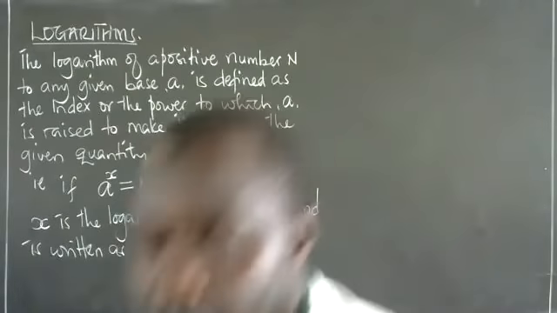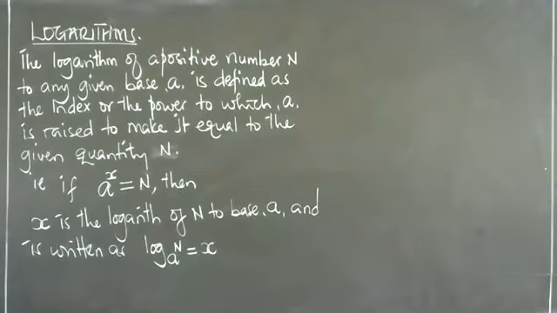It's important that we understand that definition. So what we call the logarithm of a positive number n to any given base a is defined as the index or the power which a is raised to make it equal to the given quantity. For example, if a is raised to the power x so that it is equal to n, then we can say the logarithm of n to base a is x.